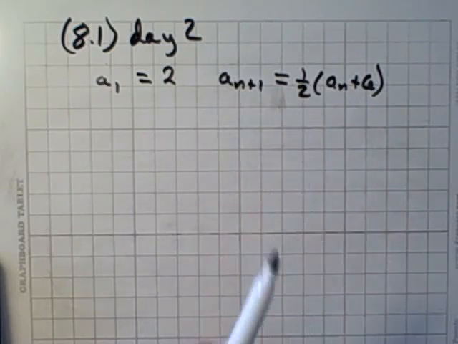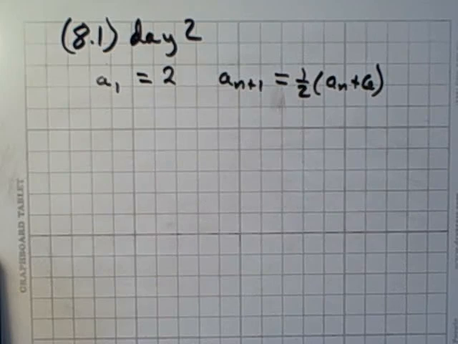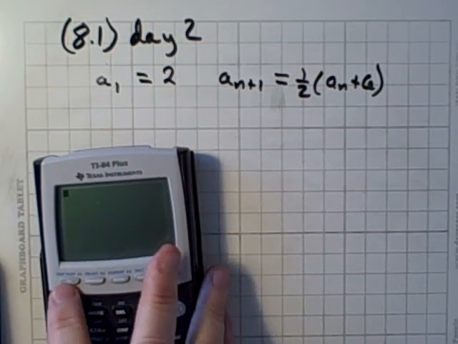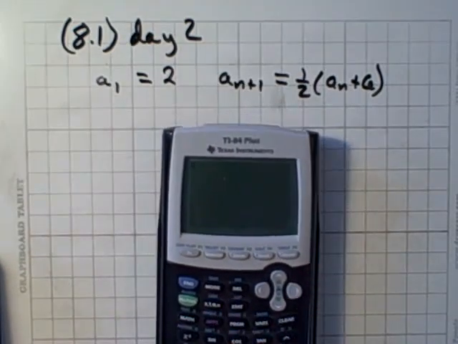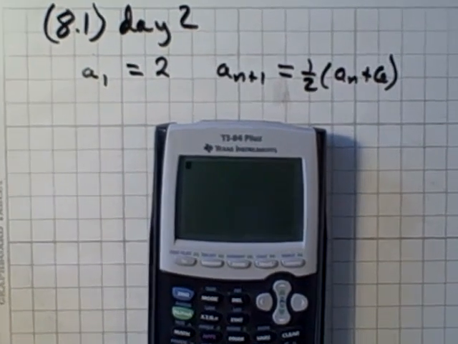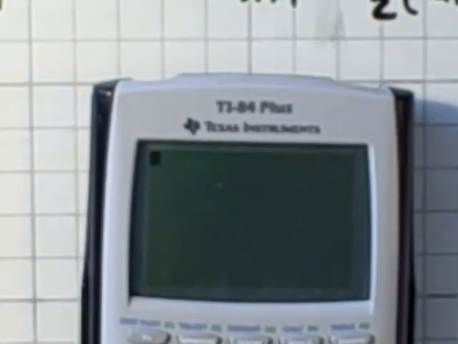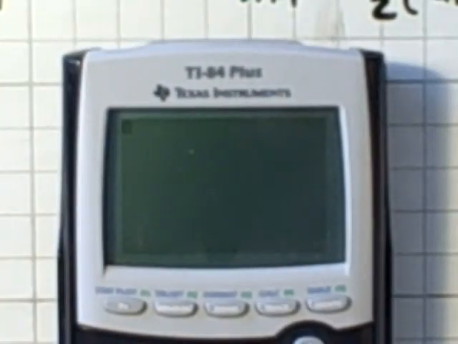We can do that on the calculator. It doesn't prove anything in particular, but we can actually show it. Let me zoom in on the calculator. If we hit a 2, here's how we create a recursive definition. I want to add 6 to that and then cut it in half.